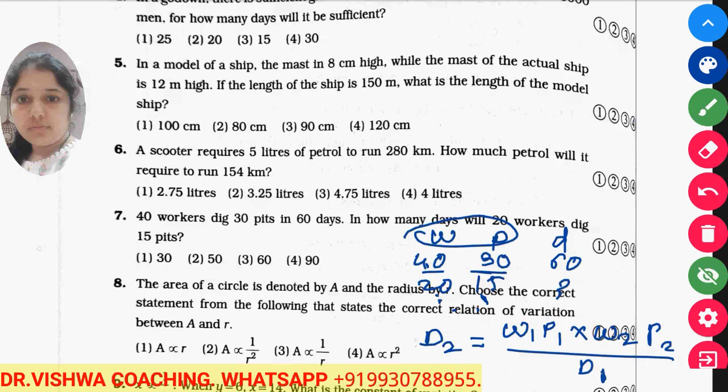Or you can solve it like D1 upon D2 is equal to W1 upon W2 into P1 upon P2.